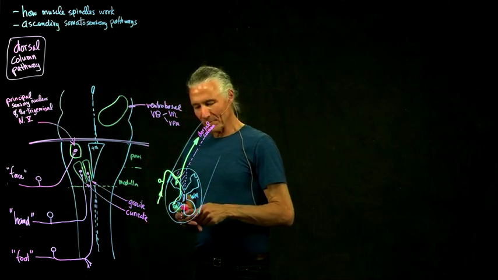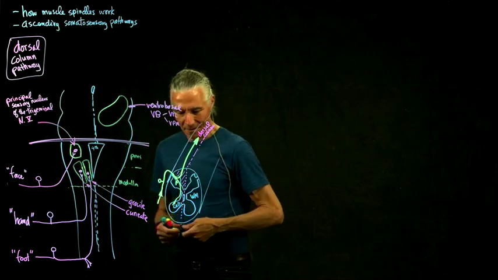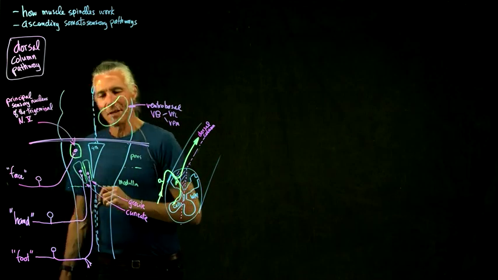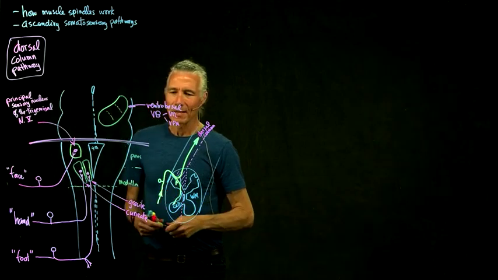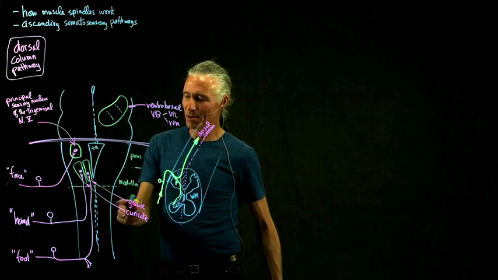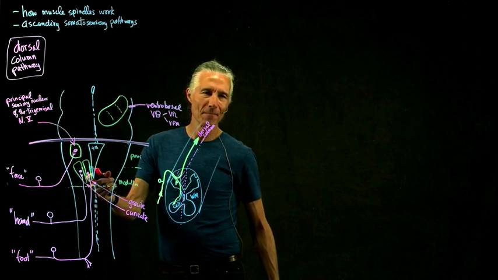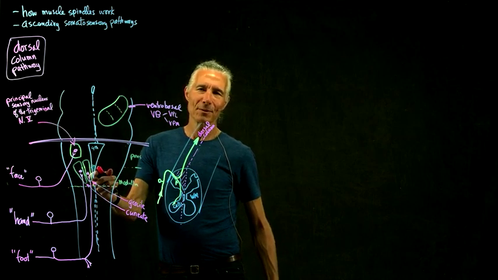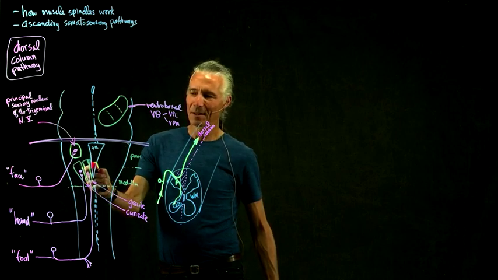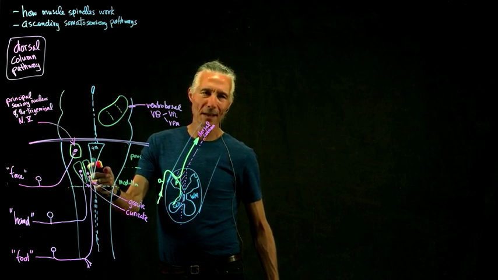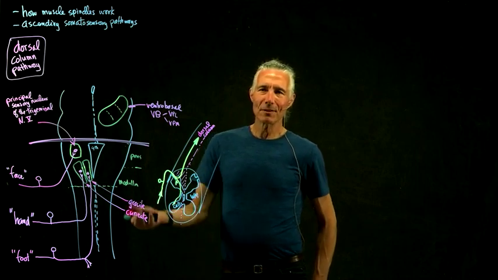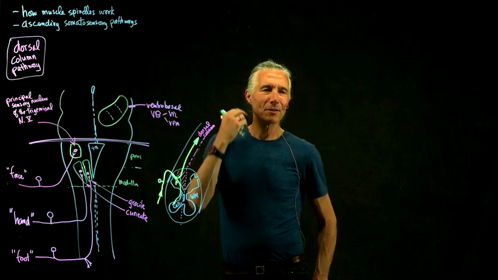Now, one of the problems that comes up is, where are the different parts of it? It turns out, if you can just remember one thing, which is that the gracile nucleus corresponds to the foot, and it's on the midline. Or that's three things, but if you combine those together, gracile, smaller, foot on the midline, then the way you can remember the maps is they reverse every time you go to the next stage.